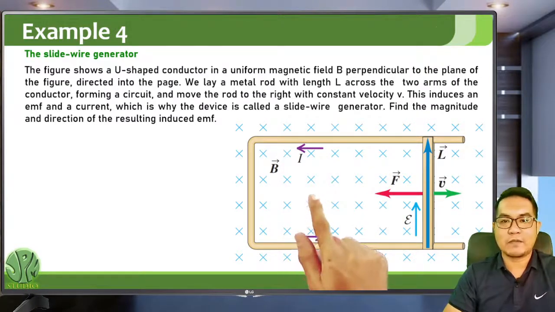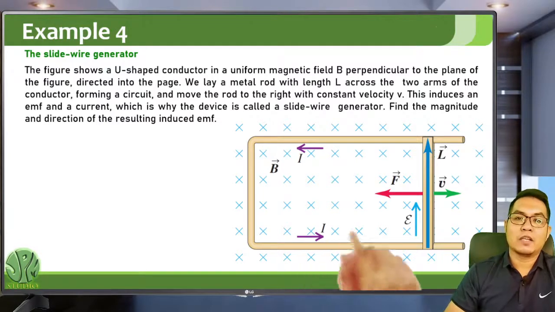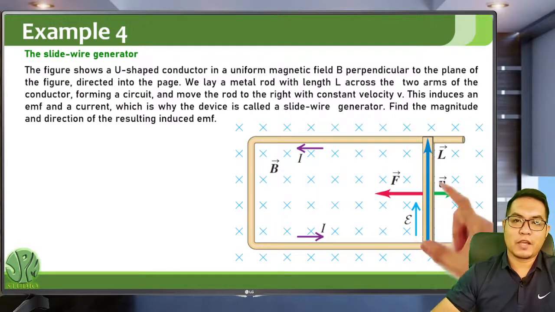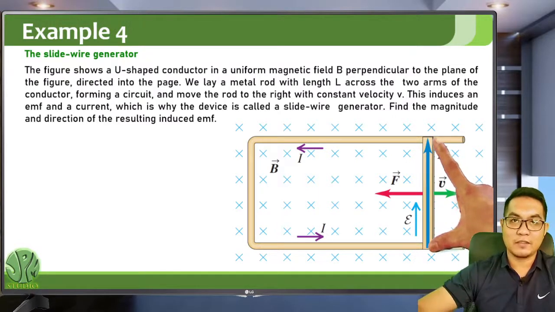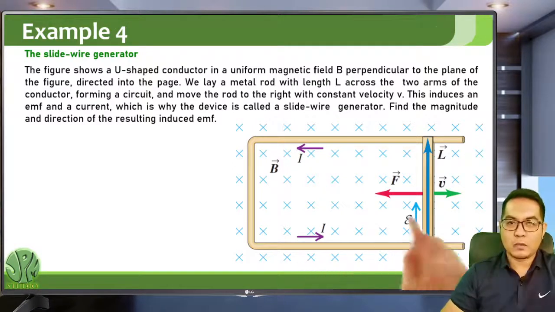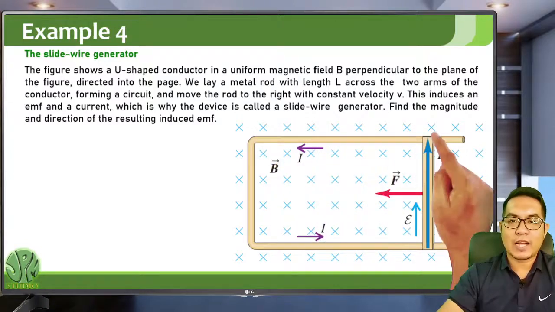In this case, the magnetic field is into the page. Now, if you move this wire, say with length L, with a velocity v in that direction, the area of the loop will actually change.